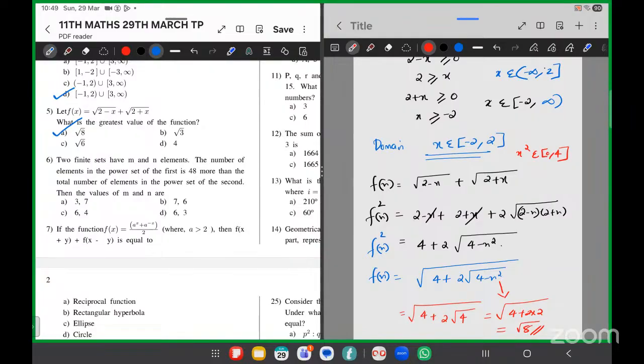If you want the minimum value, you have to put x square maximum. And if you want the maximum value, we have to put x square minimum. The minimum value of x square is 0 and the maximum value is 4. So put x square equal to 0, it will become root 8. So the greatest value of the function is root 8.